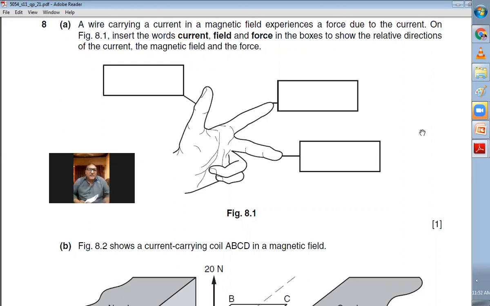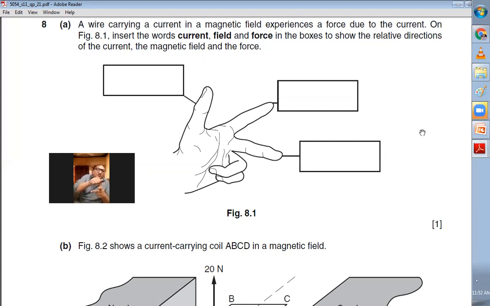So this is Fleming's left-hand rule. If you stretch the fingers of your left hand in such a way that they are perpendicular to each other, these three fingers, this is the thumb, this is the index finger, and this is the middle finger, they are mutually perpendicular to each other. We stretch it like this.